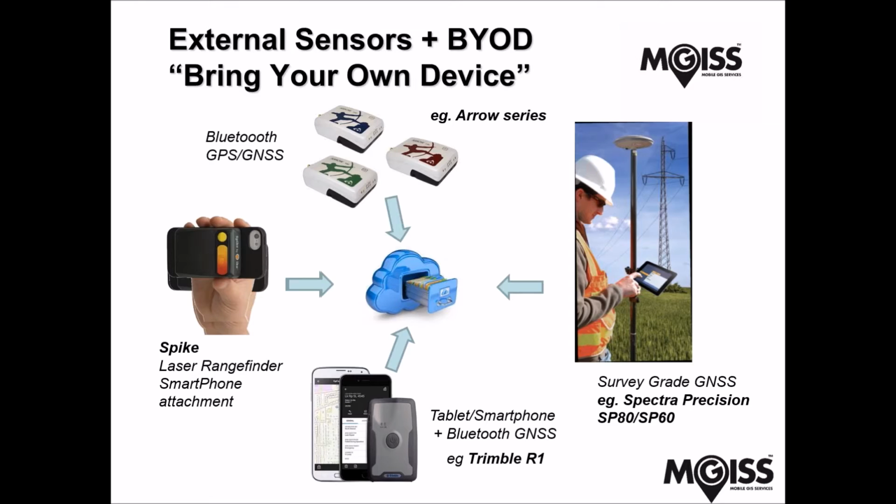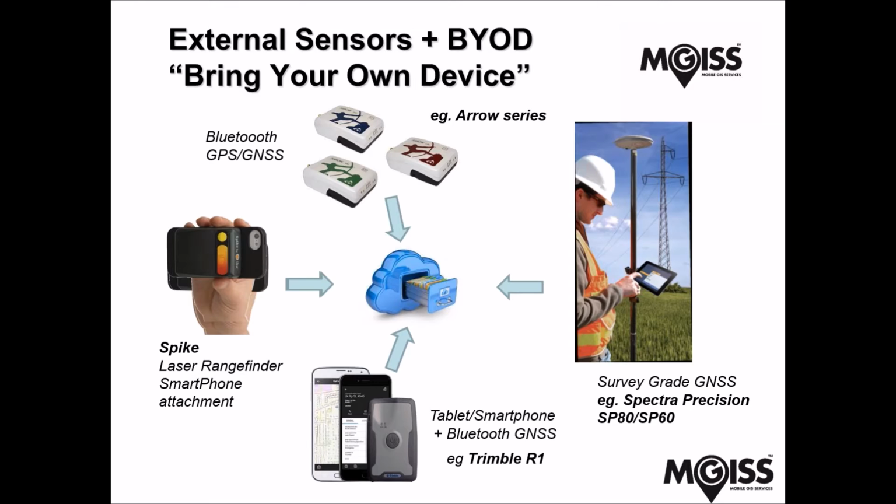And some examples of the receivers that you can plug and play include the Arrow series, which are a series of 3 receivers that take you from GPS only through mapping grade capability right up to dual frequency centimeter level capability.